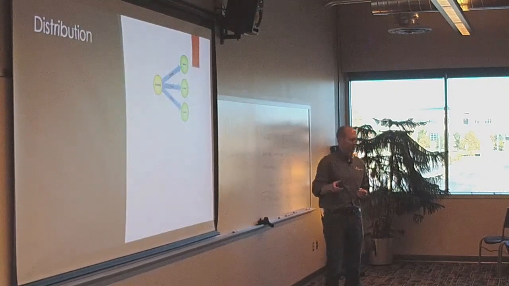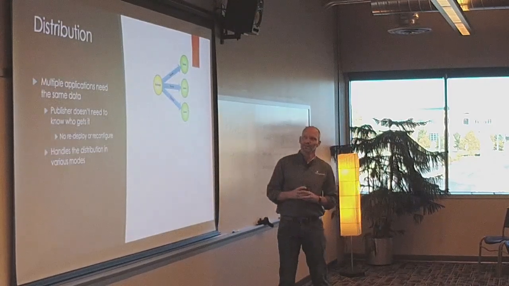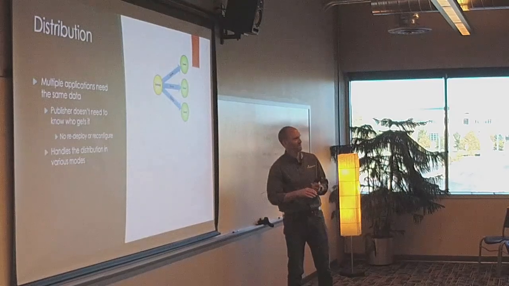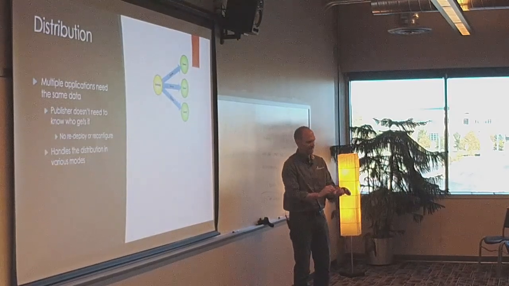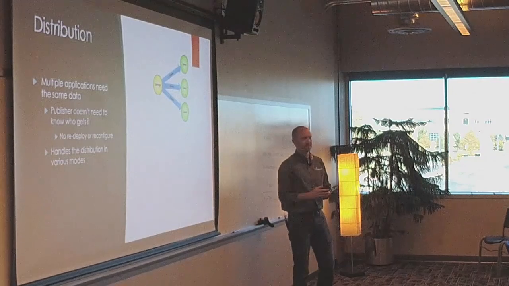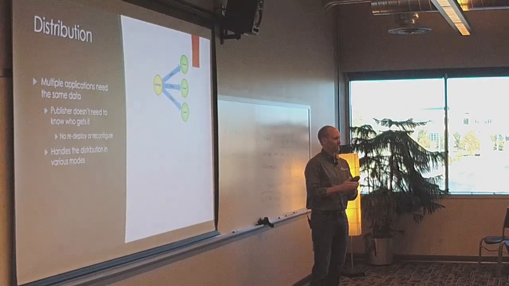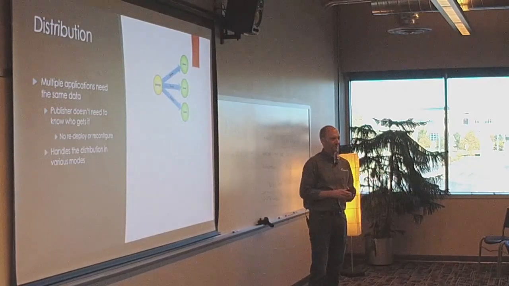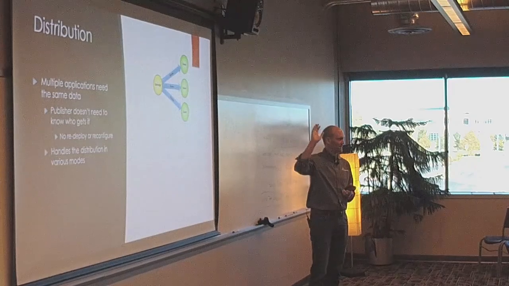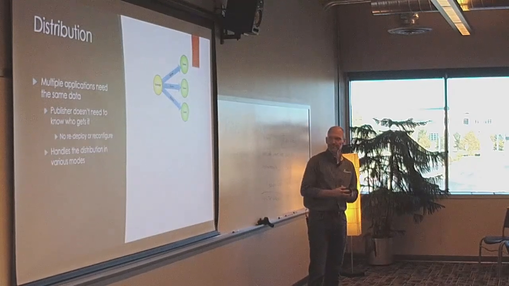Distribution. This is one of my favorite things of the message broker, and I'll demonstrate it in a demo later. So the publisher, the sender, this is where the Postal Service kind of breaks down to the one-to-one relationship. I write an address, it goes to one mailbox. With a message broker, you can actually distribute across multiple queues, multiple mailboxes. So anybody that shows up says, hey, I want a copy of that message, the broker will give it to each one of those.